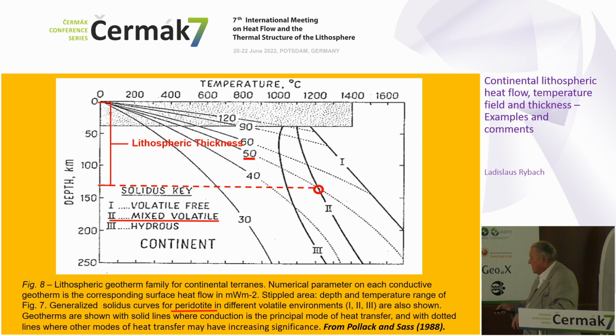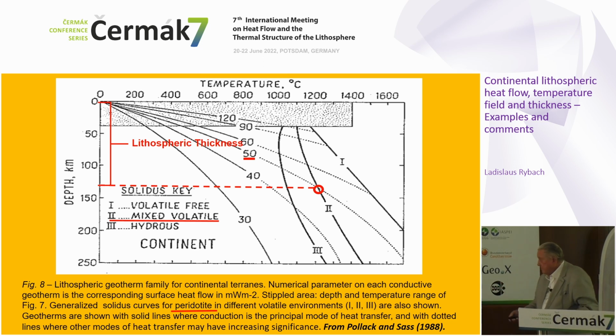And I go to mixed volatile and take the surface heat flow of 50. Then I am in this geotherm, and then I go to the crossing point, and then this is the lithospheric thickness.